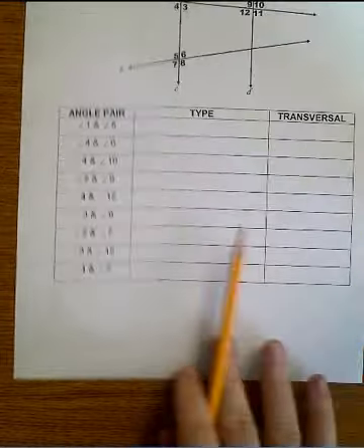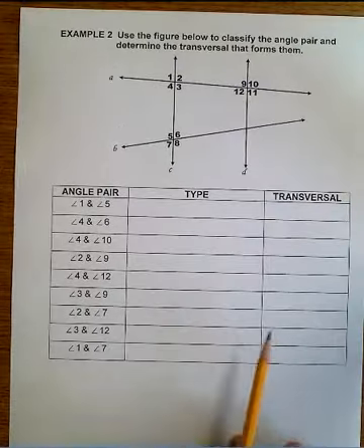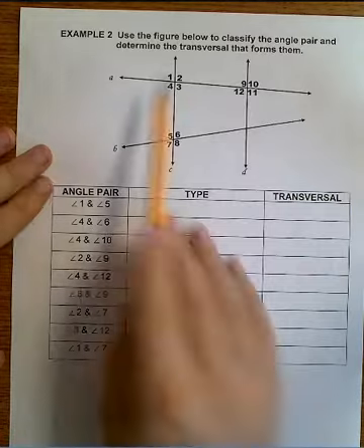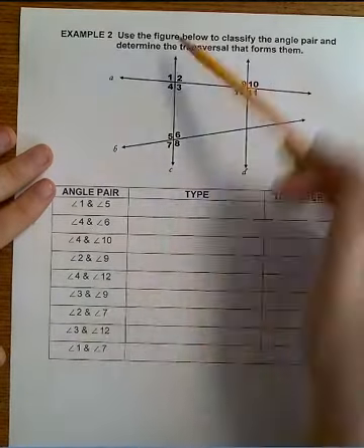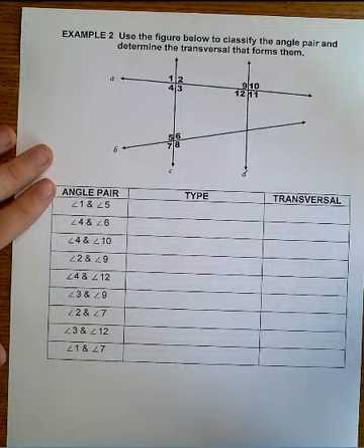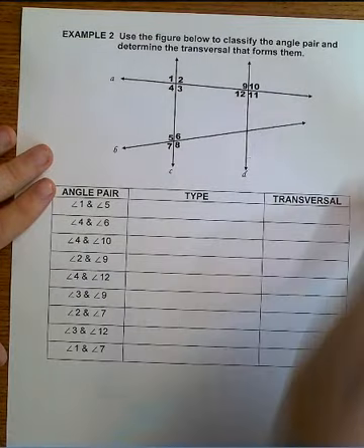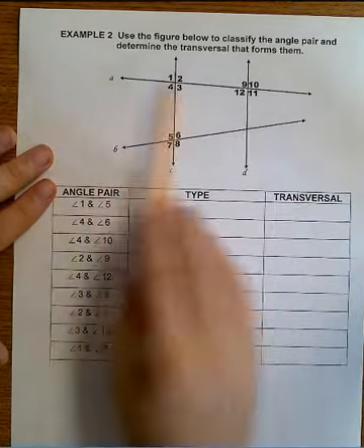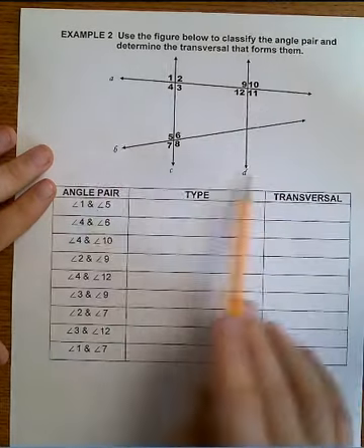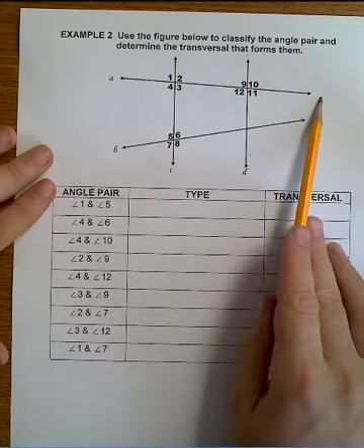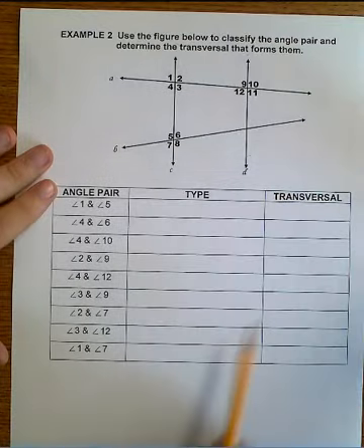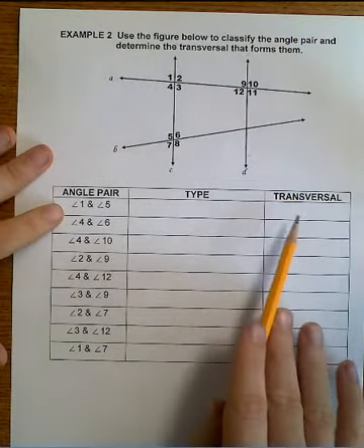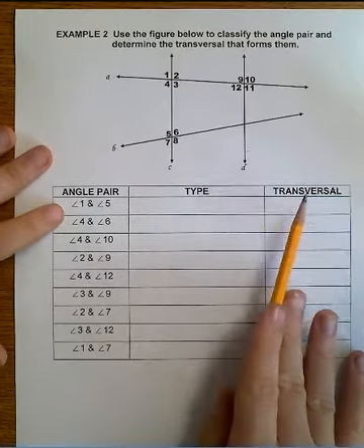Here we have these two lines cut by this transversal. They are also cut by that transversal. And then these two lines are cut by this transversal. So let's go ahead and identify types in transversals. I like to identify the transversal first.